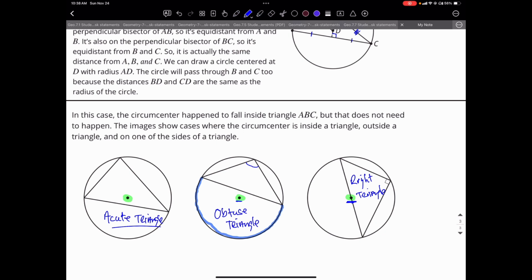So if the center is on the triangle, it's a right triangle, right? And it's going to be on the hypotenuse. If it's inside the triangle, it's an acute triangle. If it's outside the triangle, it's an obtuse triangle. But let's look specifically at this right triangle.